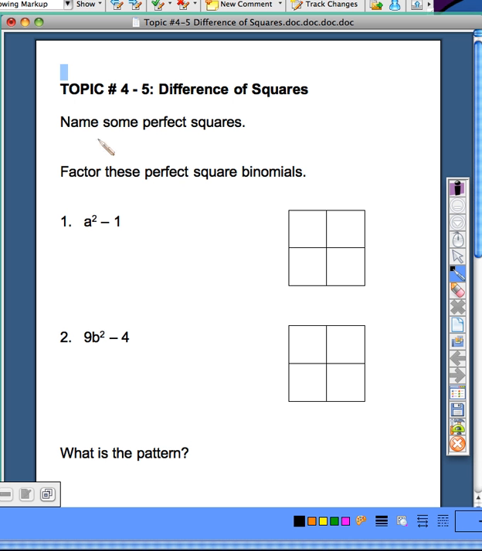Now, what I mean by a perfect square is something where I can take two integers or a combination of integers and variables and square it. For example, 2 squared is 4. So 4 is a perfect square. If I have 3x and I square that, then that is 9x squared.